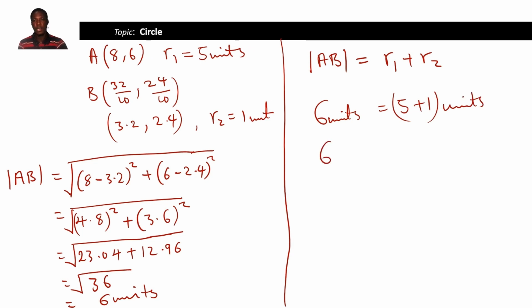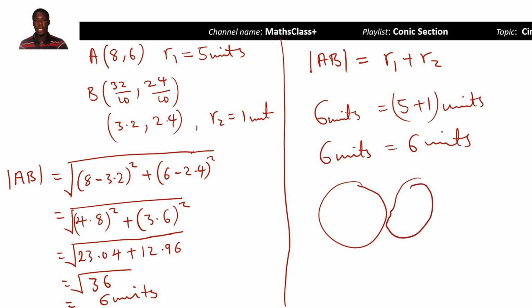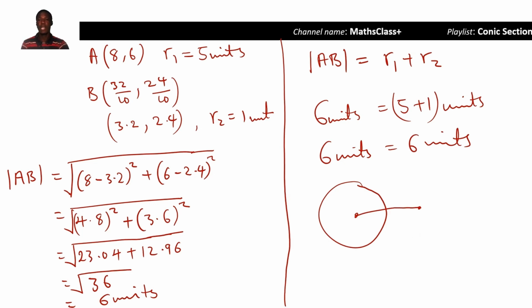And yes, 6 units is equal to another 6 units. And that shows that indeed the two circles touch externally.